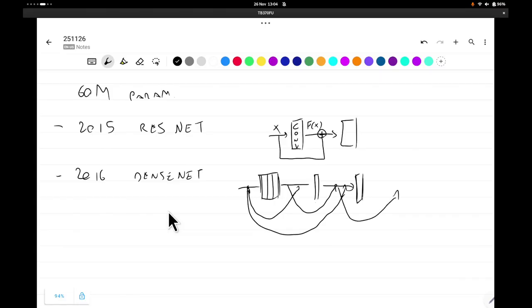So people say, okay, if you give to each layer information from the previous layers, you reinforce the outcome. This is called DenseNet, and it was another breakthrough.